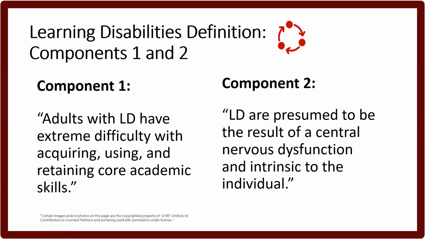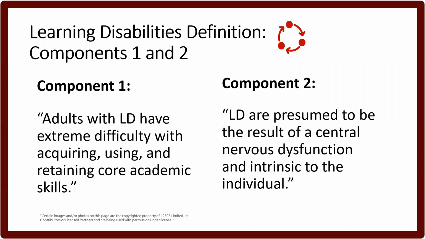That it's the result of central nervous dysfunction and intrinsic to the individual. That means that it starts in the brain and it's internal to the individual. So let me share what a professor told me, one of my favorite professors when I was going through my master's. She said, think of it this way. There's a short circuit that occurs in the brain. And think about the house analogy.